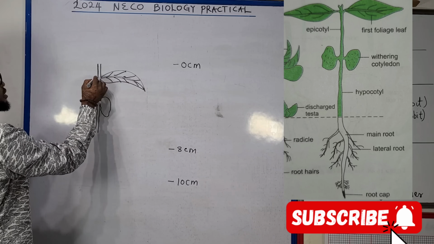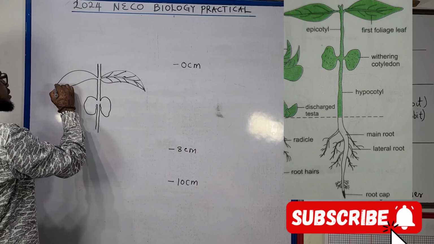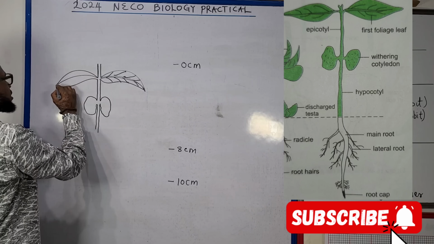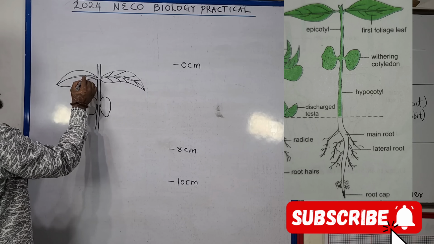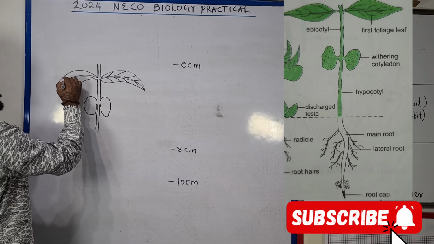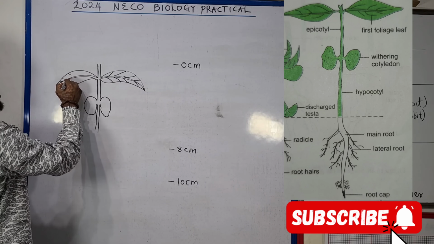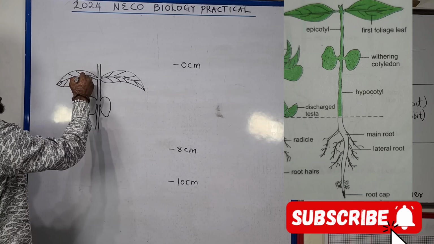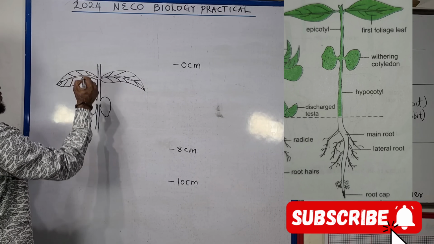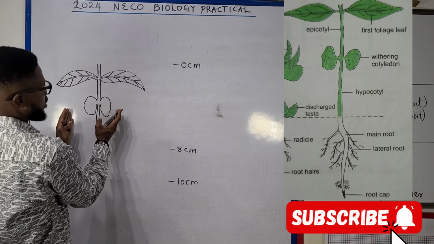So this is my foliage leaf on this side, and this is my foliage leaf on this side as well. You see that? I've been able to do that, and then I can go with my veins, just something we can actually flow with. Simple enough. I've been able to draw my cotyledon.